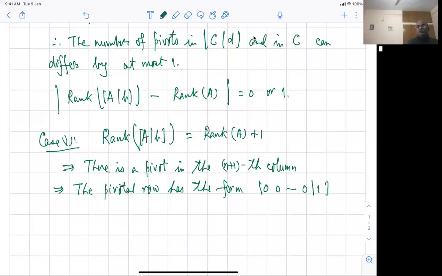Why? Because a pivot is the first non-zero entry, and since it is the first non-zero entry, it has to be in the n plus 1th column.